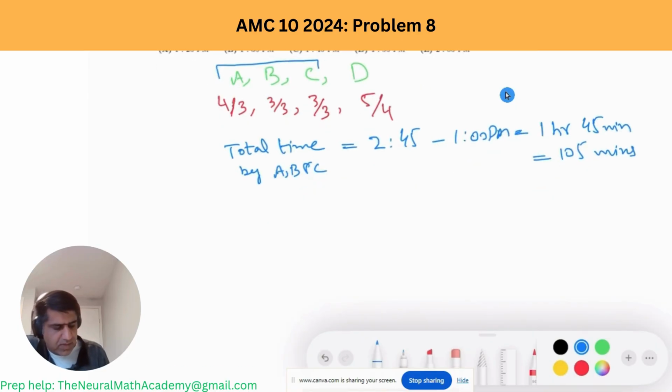During this 105 minutes, we can find the number of packages that they packed.